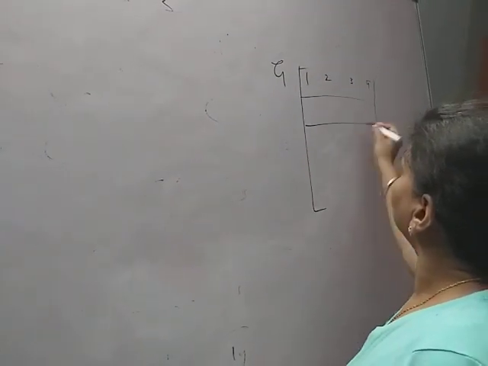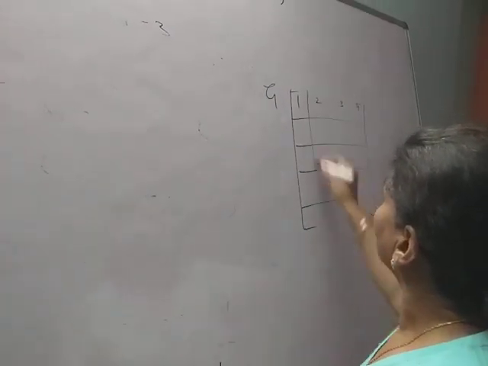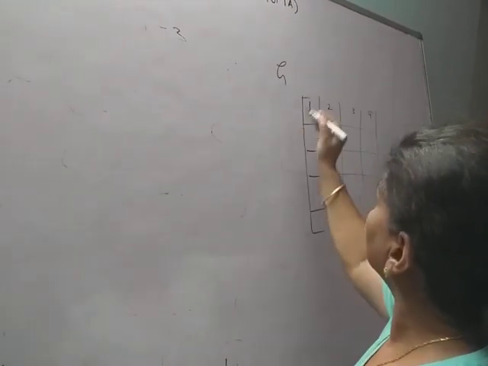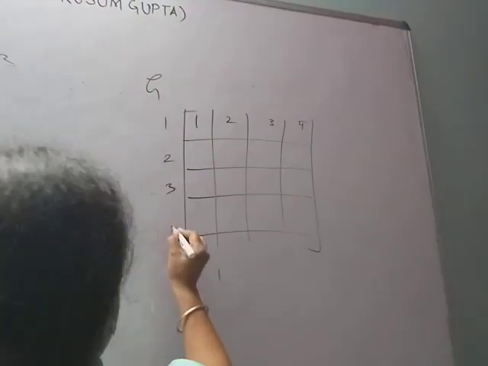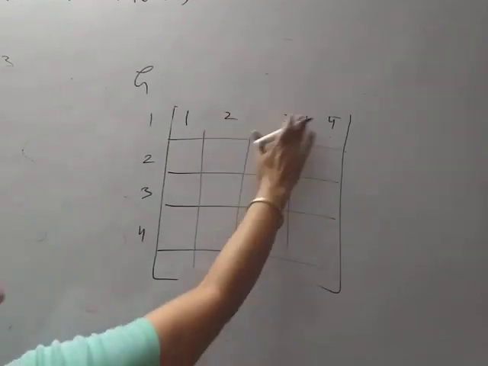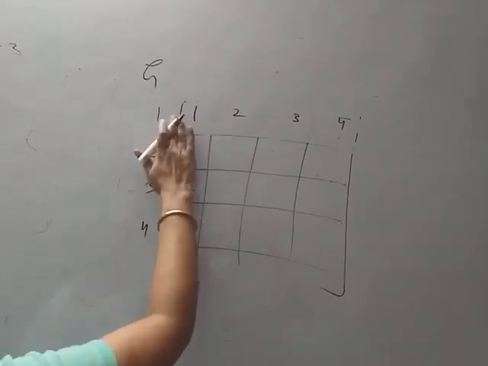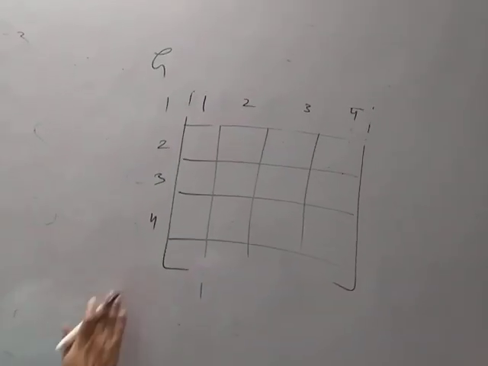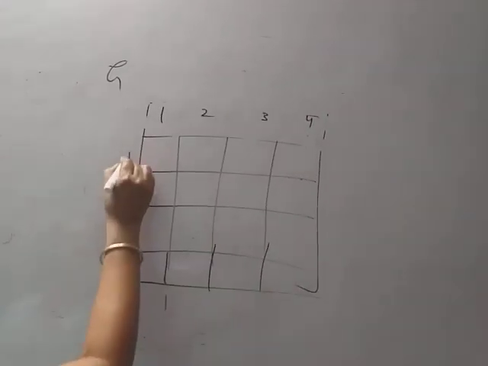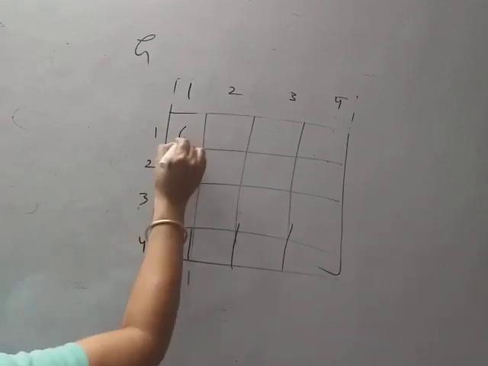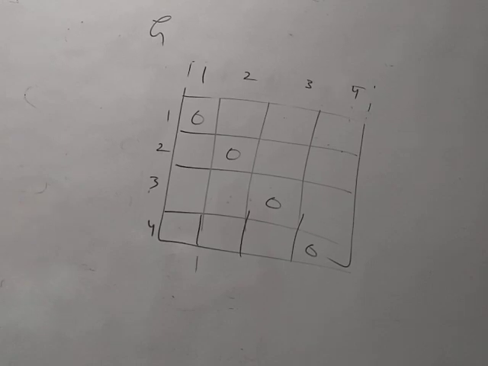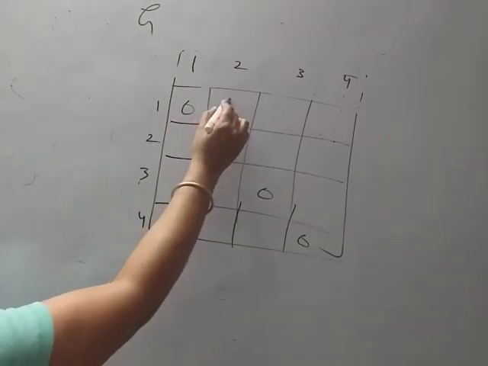Here the diagonal is 0, because this is an undirected graph, and 1 to 2 is 1.